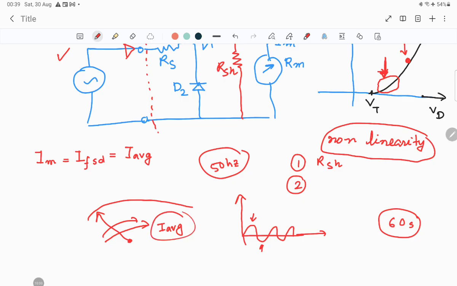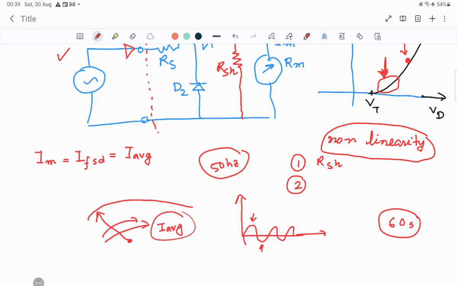The pointer of the voltmeter, in the physical form we utilize in our day-to-day life, will not follow the instantaneous values of a sinusoidal signal.